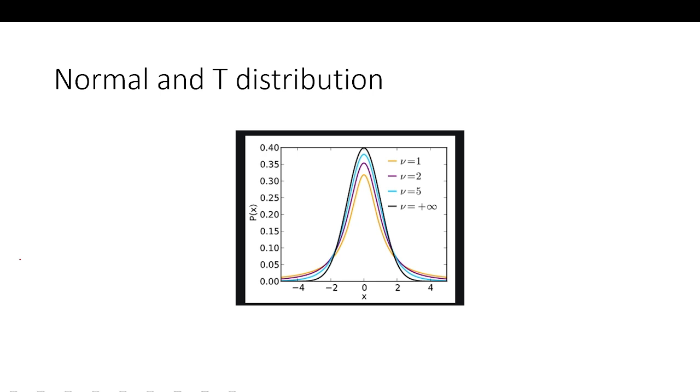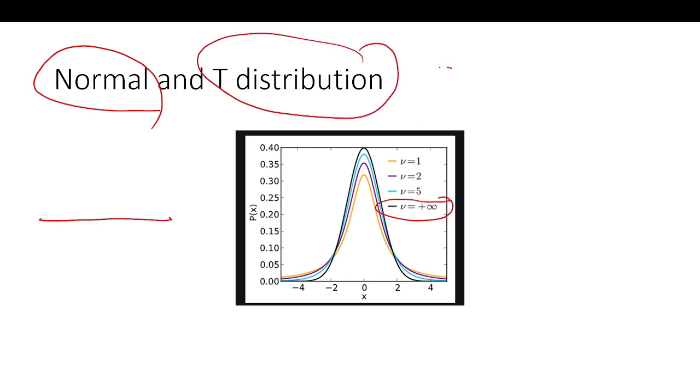Now, most of our work is going to be based on the normal distribution, which is the black curve in here. This is the normal. These are what we call the t-distribution, or the student's t-distribution. Student's t-distribution is really a modified normal. It's a slightly different version of the normal, but it's basically the normal distribution, and it's modified when there's a small sample size, when n is small.